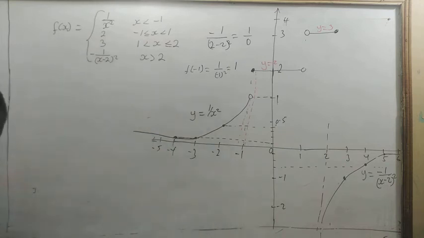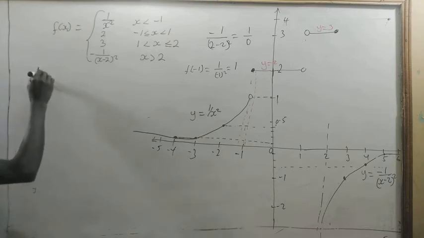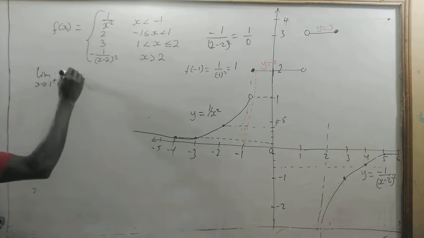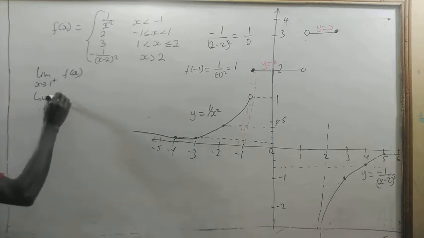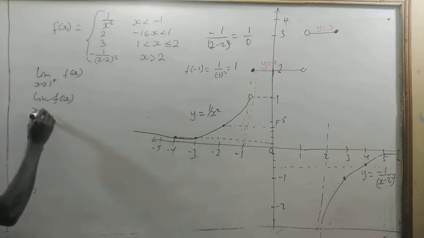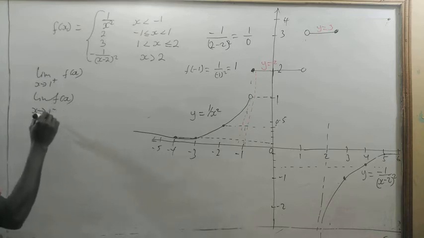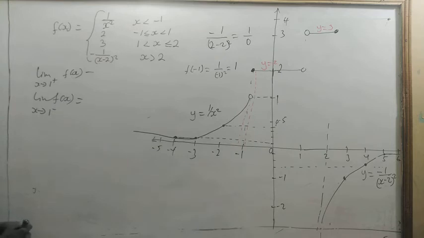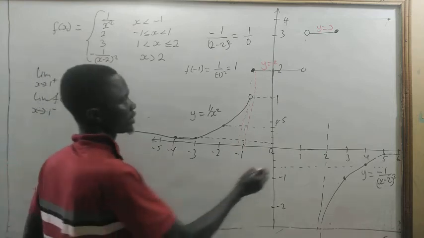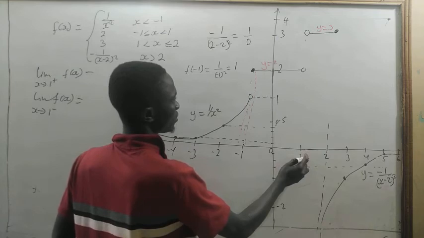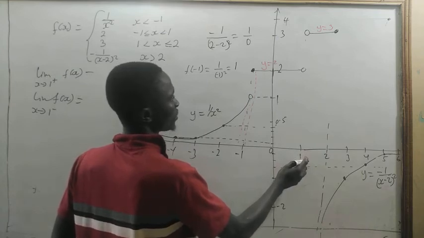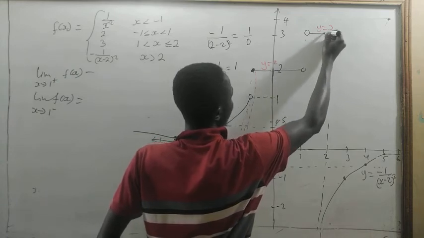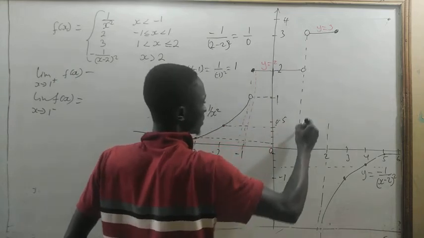Okay, so we will take the limit as x approaches +1 from the right, and then the limit of f of x as x approaches +1 from the left. So let's see. From the right of +1, this is +1. So from the right of +1, this is coming because we trace this to that.